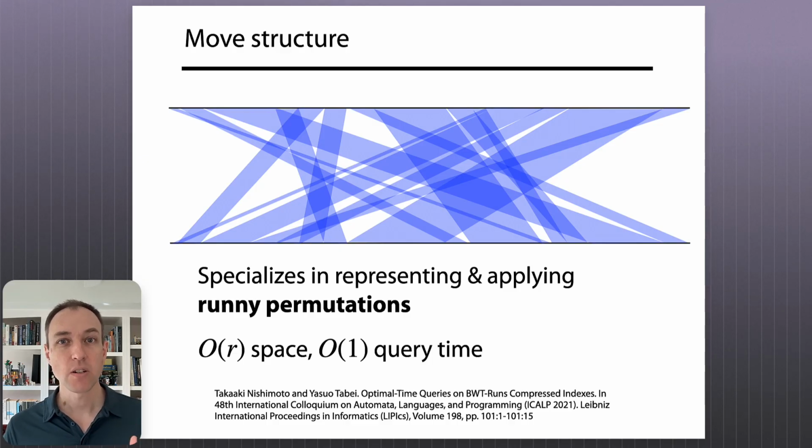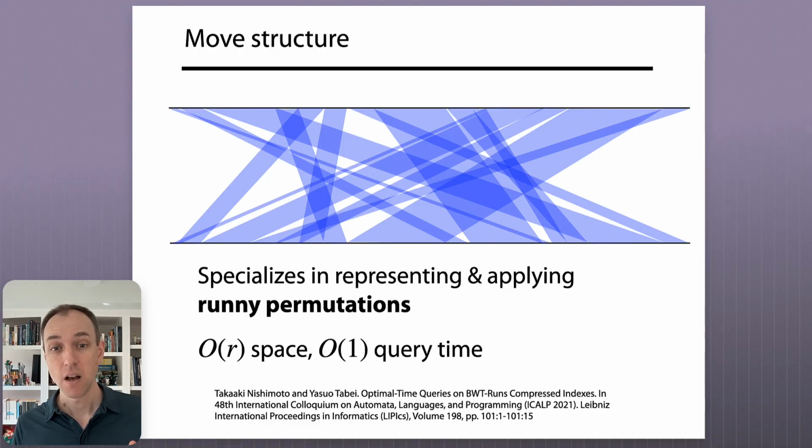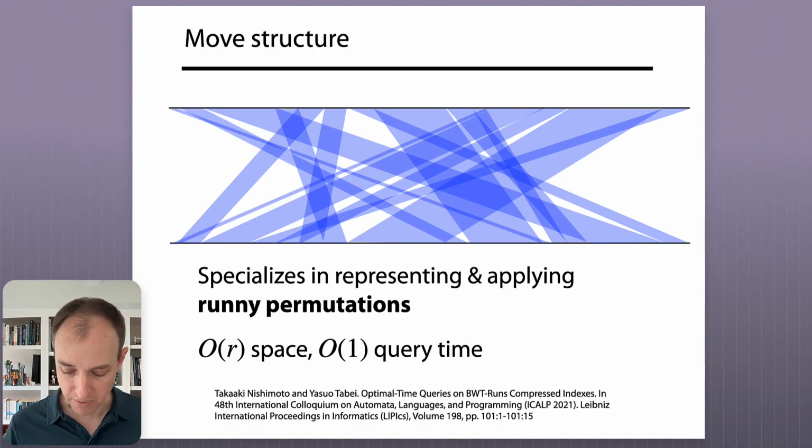And the data structure that allows us to do this is big O of R space, just like with the R index. Remember, the R index could not achieve both at the same time. If you decided you wanted big O of R space, you had to pay a mildly worse than constant query time. And if you wanted constant query time, you had to pay a mildly worse than R scaling factor for the space.